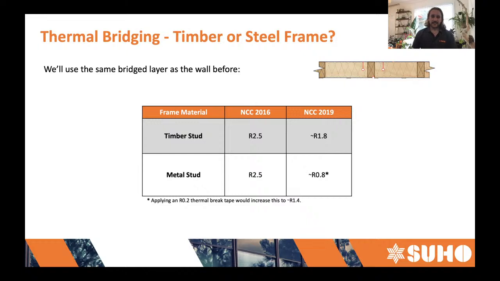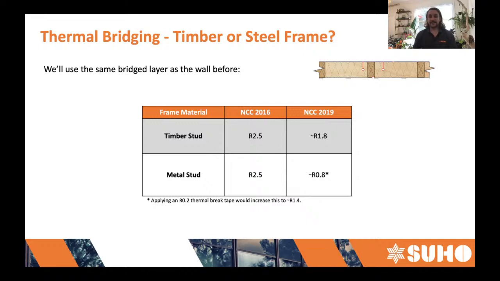For NCC 2019, timber stud frames using those same framing details on the previous slide will achieve about R1.8. And importantly, if it's metal stud, it will achieve about R0.8.